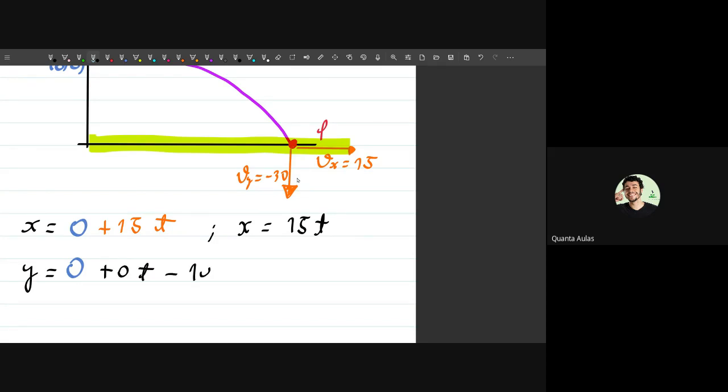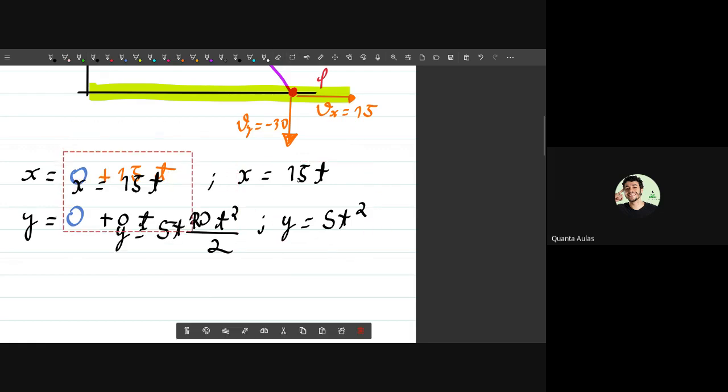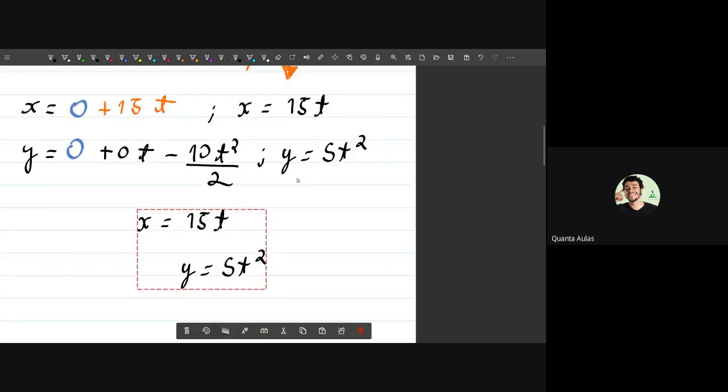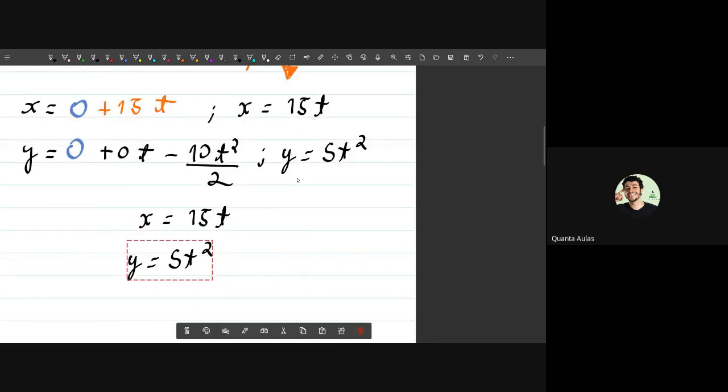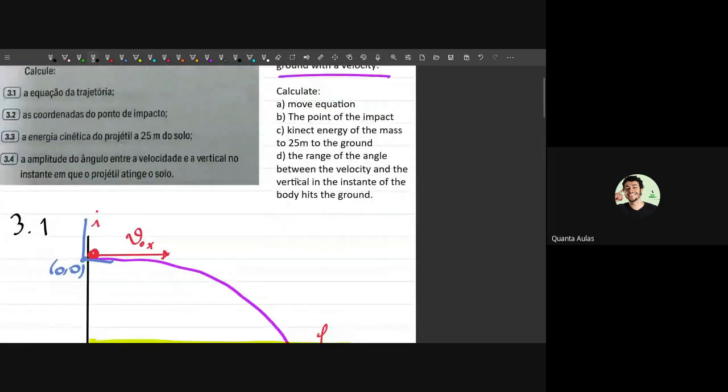And we have minus 20 t squared. Just like that. This is our equation, x and y, okay? Easy. Easy if we understand the problem, right?